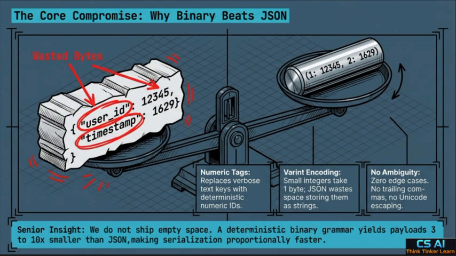It also uses Varint encoding. Small integers take up only 1 byte, whereas JSON wastes space storing them as strings. A deterministic binary grammar yields payloads 3 to 10 times smaller than JSON, making serialization proportionally faster. We do not ship empty space, we ship raw efficiency.